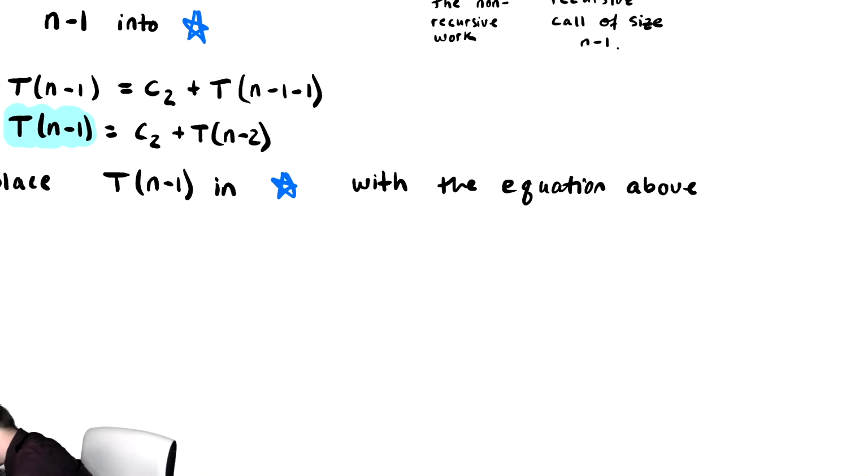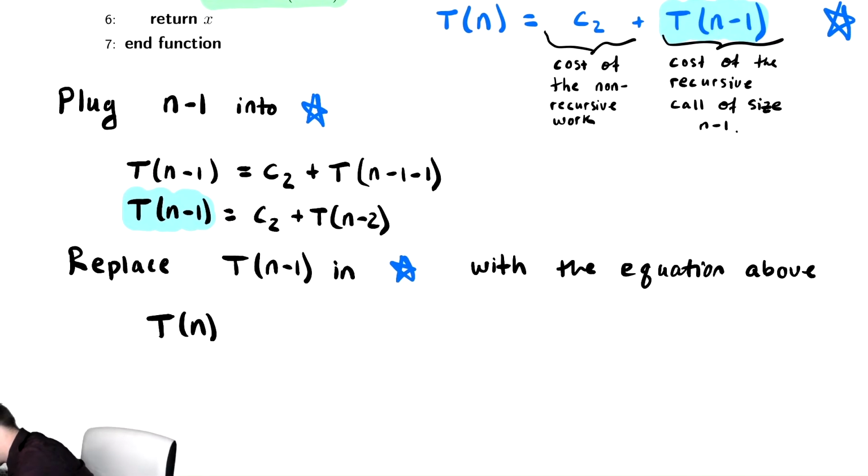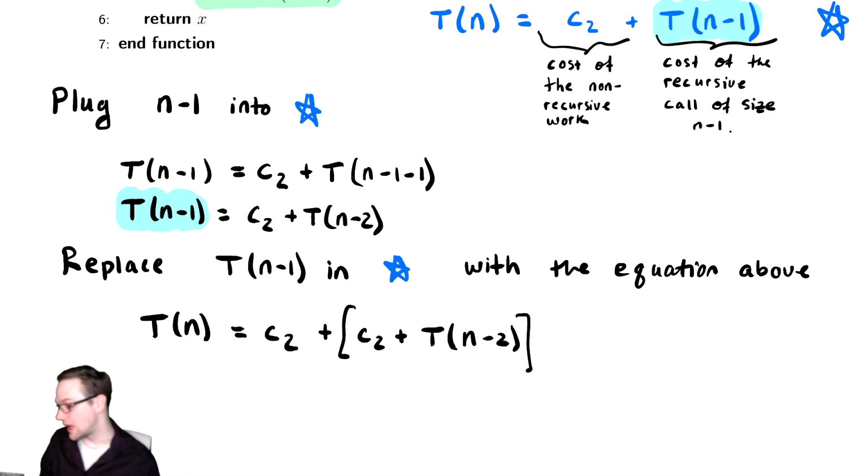If we do that, we get t of n, taking our equation that we wrote in blue there, is equal to C2 plus, I'm replacing t of n-1 with the right-hand side here, which is going to be C2 plus t of n-2. I wrote brackets there.